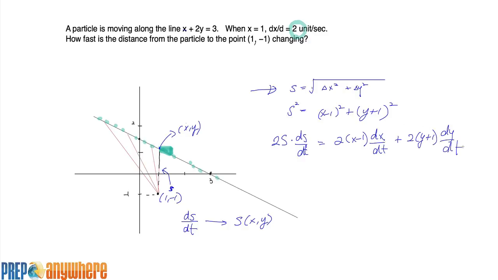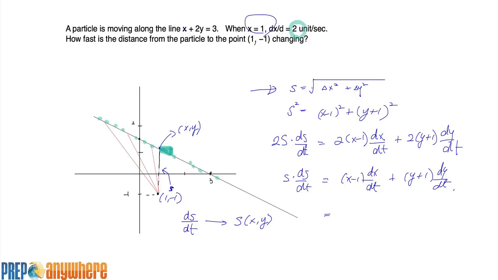You can simplify this by dividing everything by 2. Now x is given as 1, and dx over dt is given to be 2.